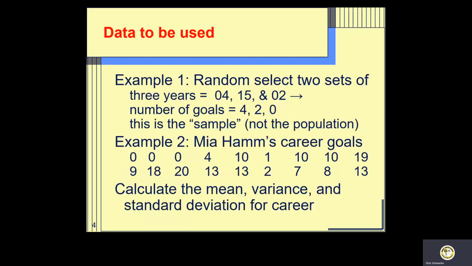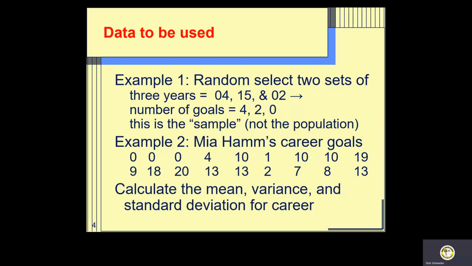For the data we're going to use today, I'm going to randomly select two sets of 3 years, and we're going to record how many goals there were. What we're using here is one of the two greatest women's soccer players in U.S. history, Mia Hamm, the other being the recently retired Abby Wambach.